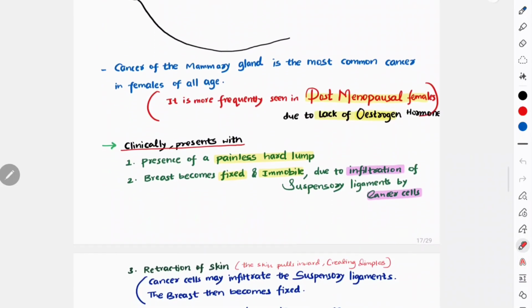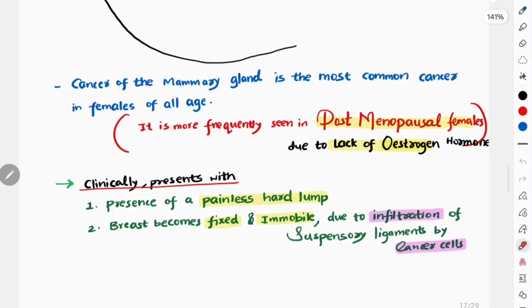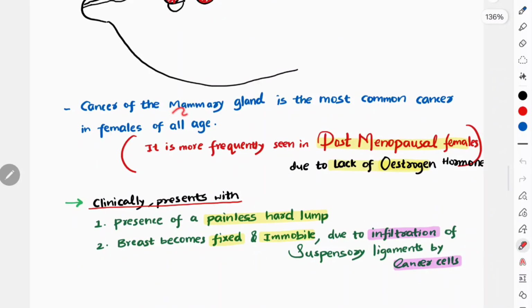And if you come down, you can see that cancer of the mammary gland is the most common cancer in females of all ages. It is more frequently seen in postmenopausal females because after menopause there is less production of estrogen, right?